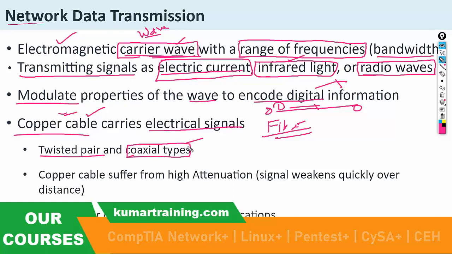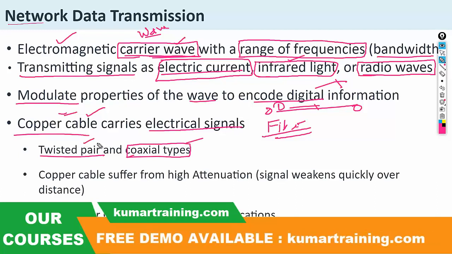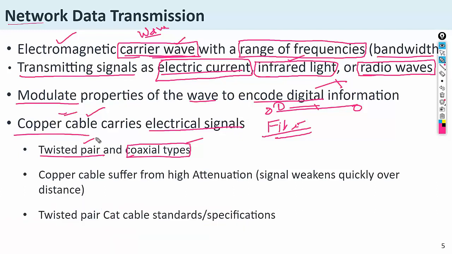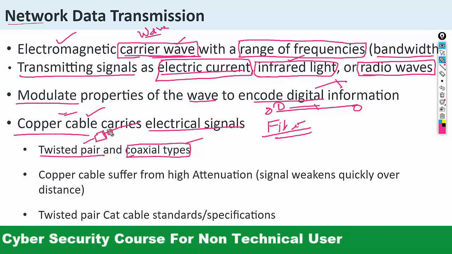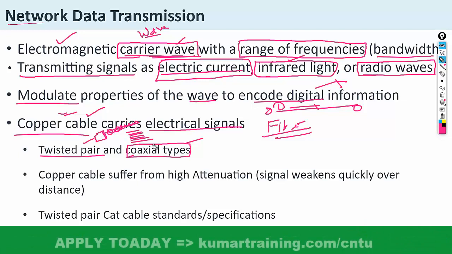We will discuss twisted pair in detail later, but you can consider this, right? If you are at home, there is one wire which is directly connected to your laptop or desktop. This cable is called a twisted pair cable, which has multiple wires inside it. How many wires, we will discuss.